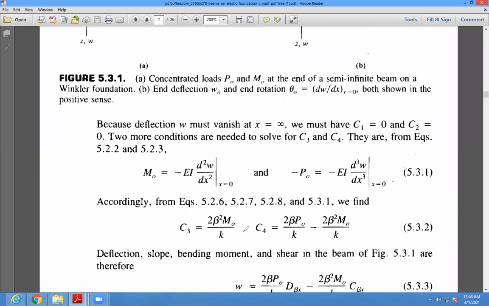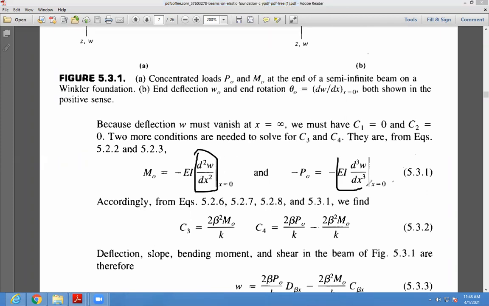By taking the double derivative and the triple derivative of deflection w, and referring to the A beta x, B beta x, C beta x and D beta x equations, we take the derivative of A beta x with respect to x, the derivative of B beta x, the derivative of C beta x, and then the derivative of D beta x with respect to x.